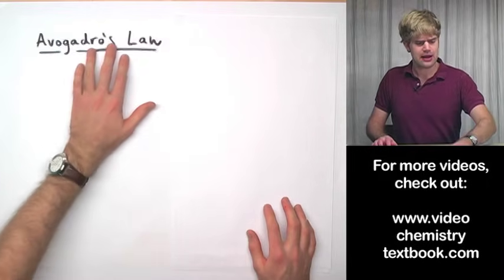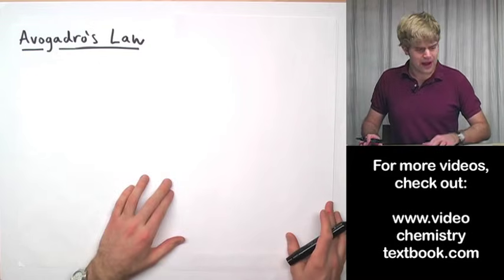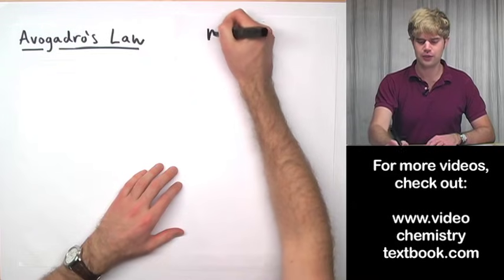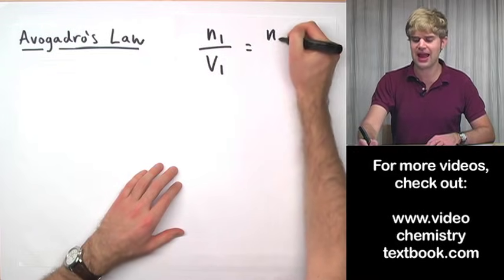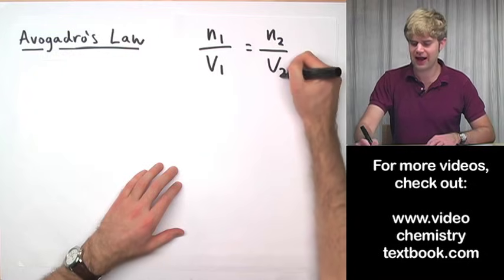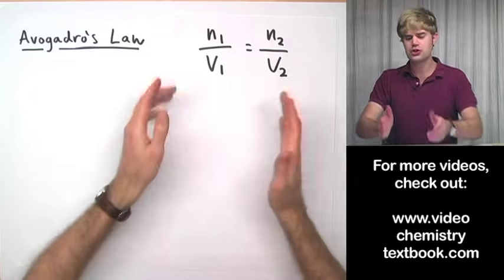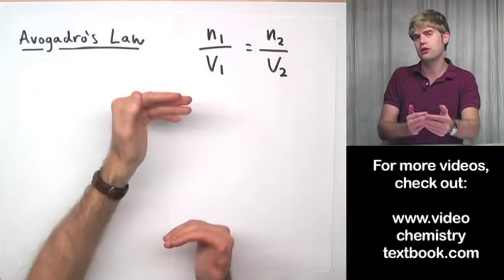Avogadro's law is used a lot for math problems. And when we talk about math problems with Avogadro's law, the form of the law that we usually use is N1 divided by V1 equals N2 divided by V2. This equation assumes that some sort of change has taken place, like the change I was talking about earlier.